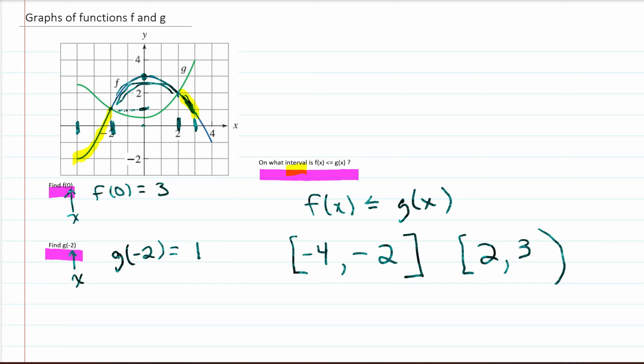Right, so that's where, and I'm sorry, I should make this closed interval. All right, and that's where the intervals are where f of x is less than or equal to g of x.